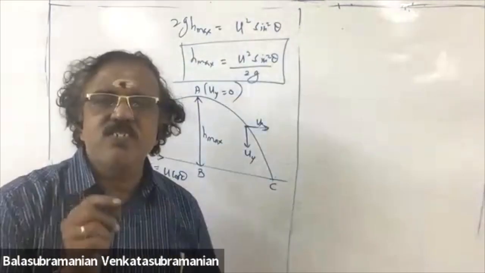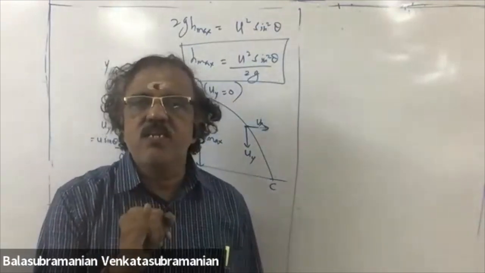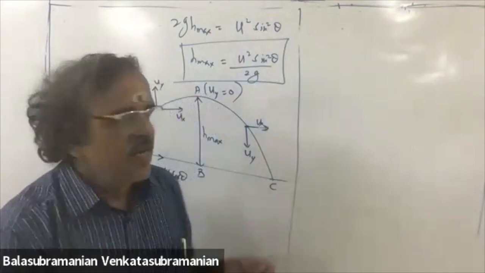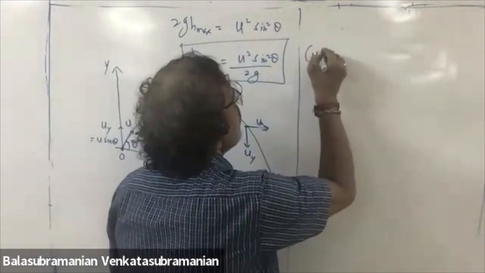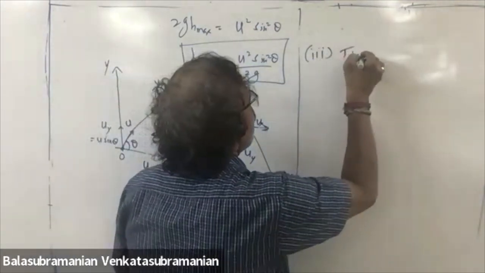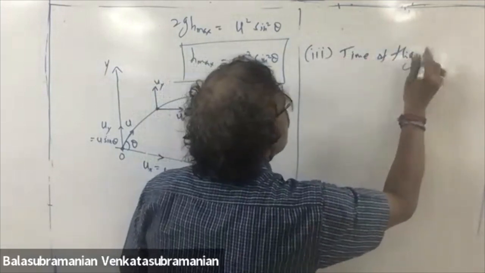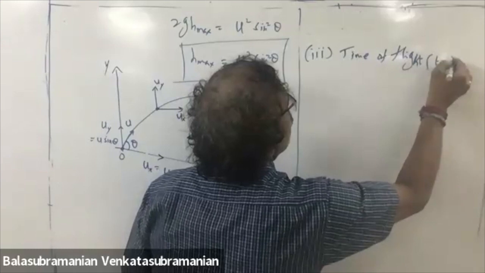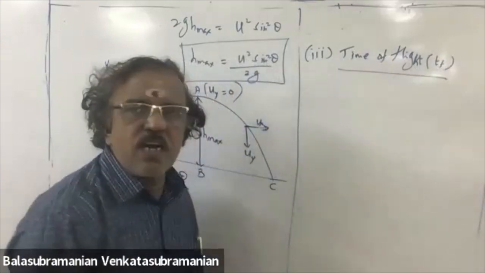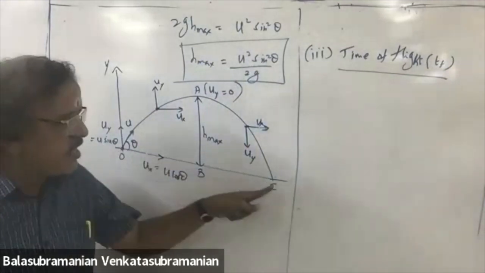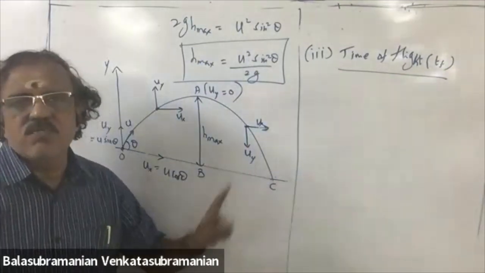First, we have discussed the path of the projectile. Second, we have discussed maximum height. And third, time of flight, TF. Time taken by the projectile from the point of projection till it reaches the ground.